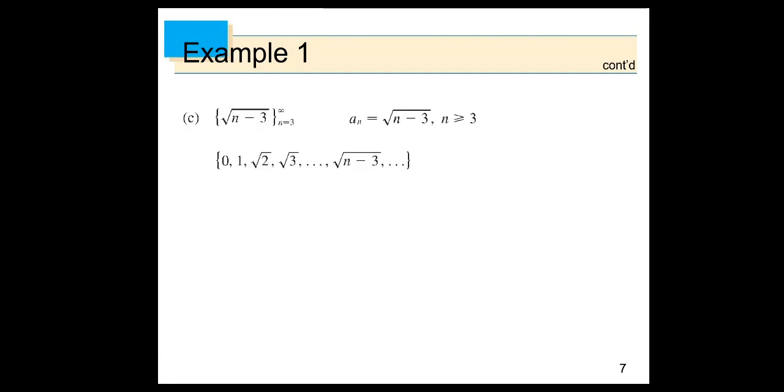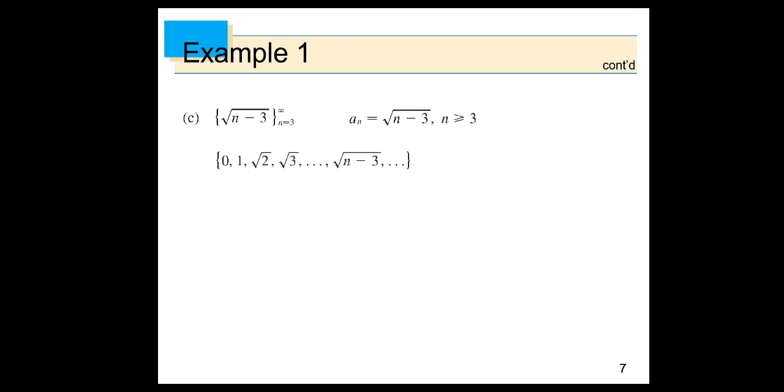All right, then we have another example, C, done the same way, but there's a slight change. We have this preceding notation which says the square root of n minus 3, and then n is equal to 3. It means that n starts from 3 and goes to infinity.